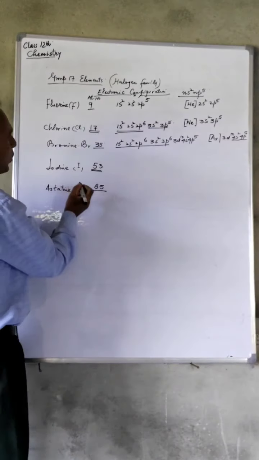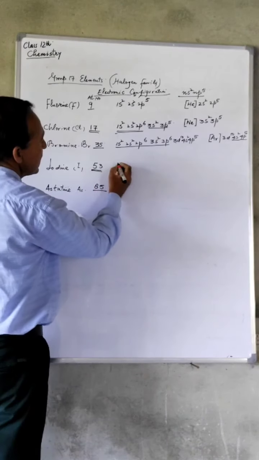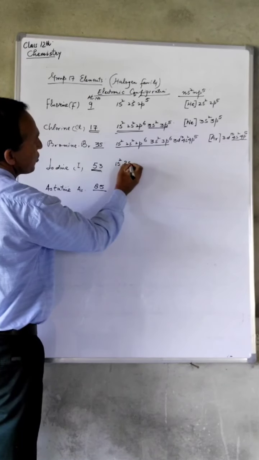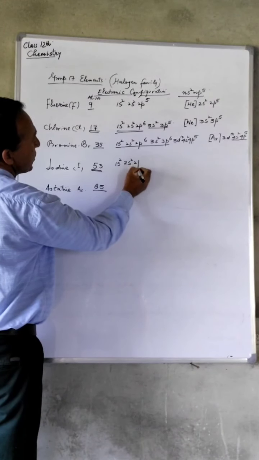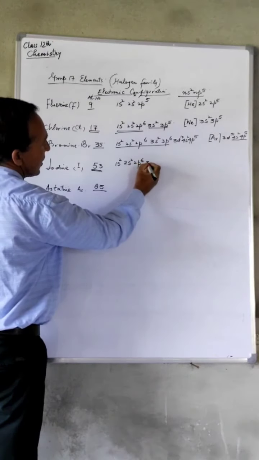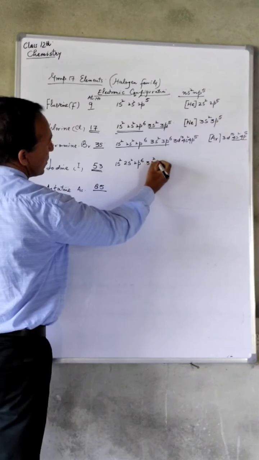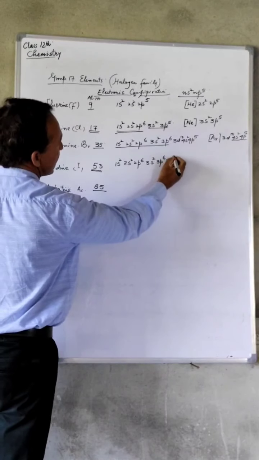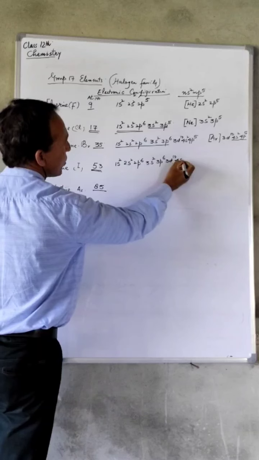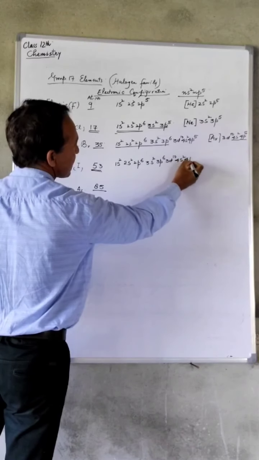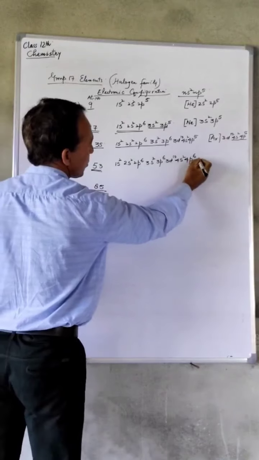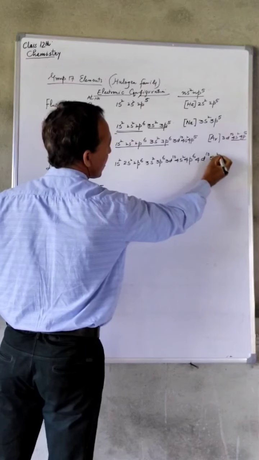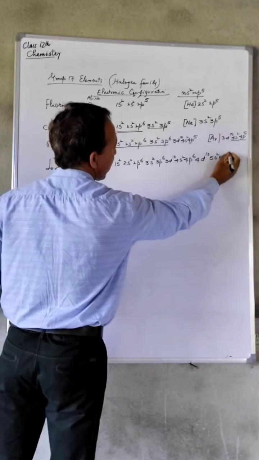Now iodine, its atomic number is 53 and the electronic configuration is 1s2, 2s2, 2p6, 3s2, 3p6, 3d10, 4s2, 4p6, 4d10, 5s2, 5p5.